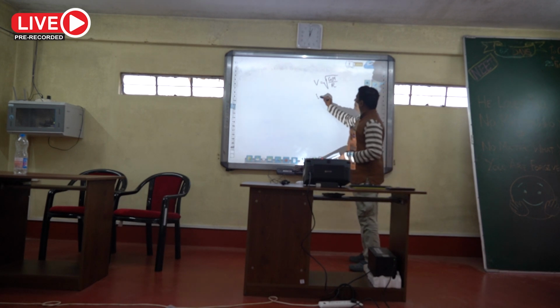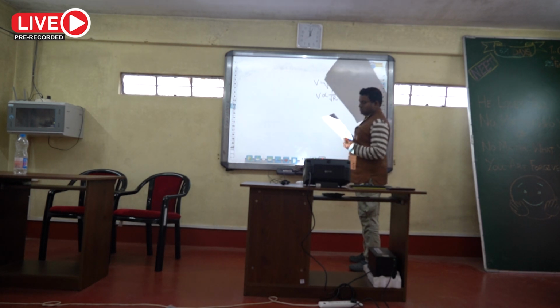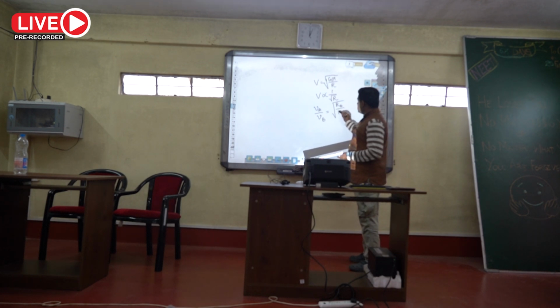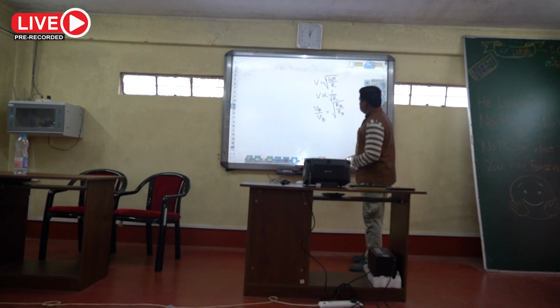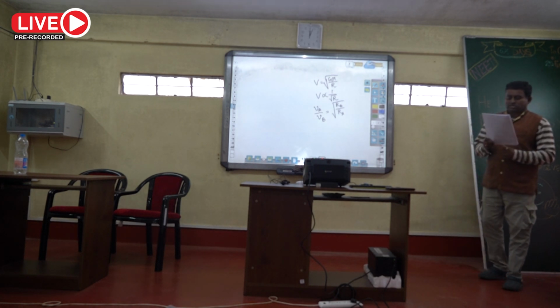Then you can write that v is proportional to 1 by root over of radius. Then VA by VB equal to root over of RB by RA. Then calculate.